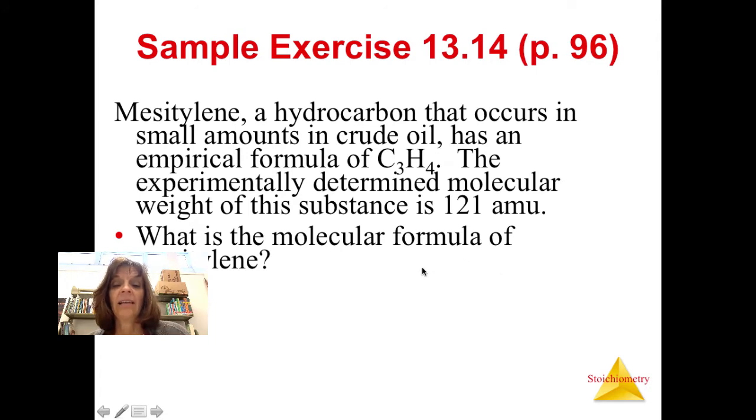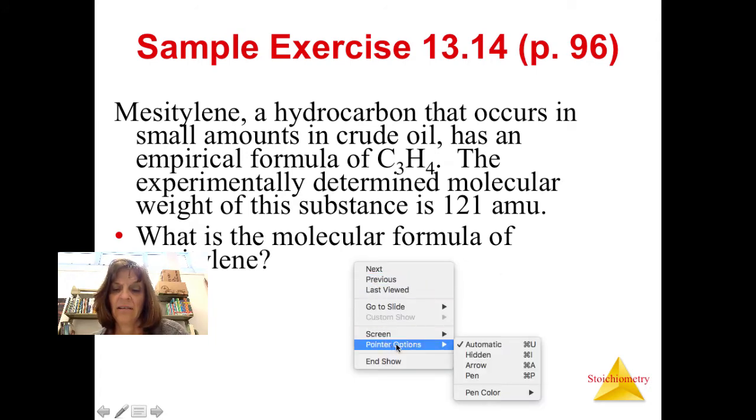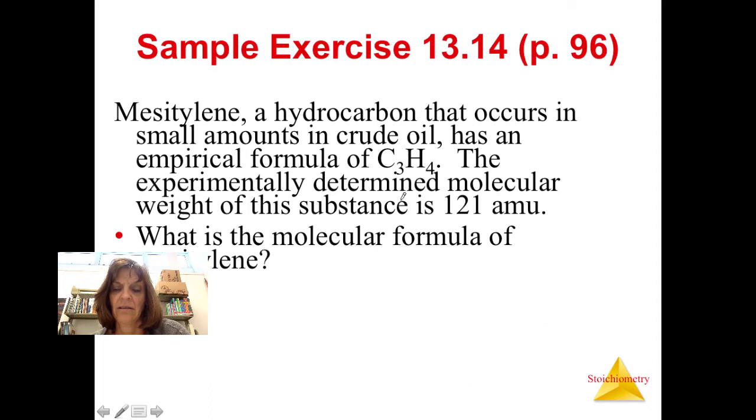So we need to take the molecular weight, 121, and divide it by the mass of the empirical formula. So it's going to be 3 times 12, 36, plus 4, which is going to be 40.